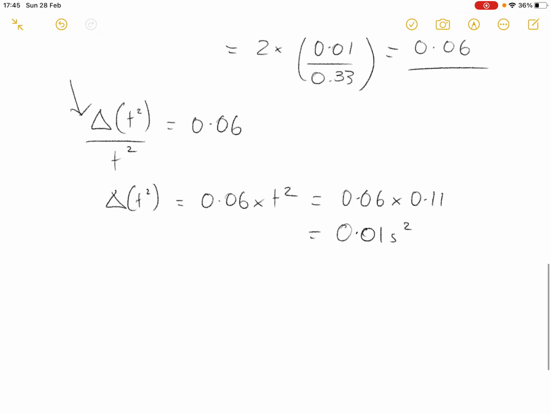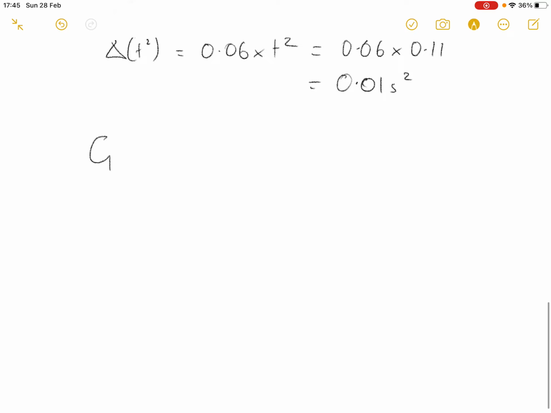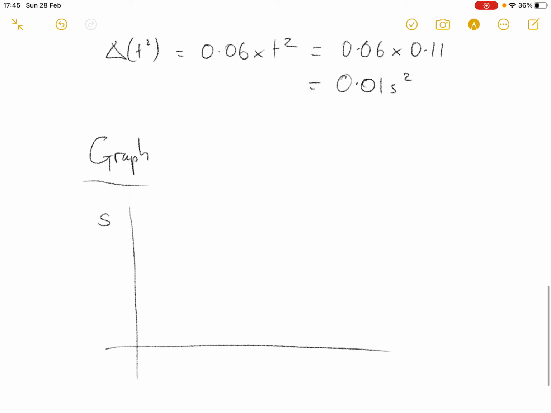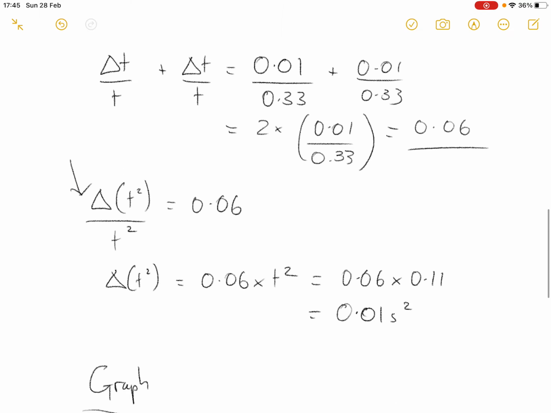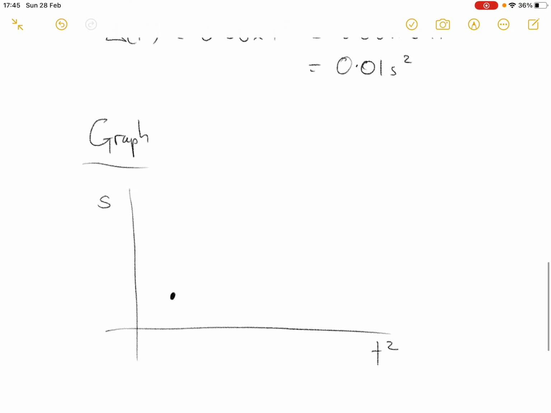So now I'm in a position to make my graph. My graph has s, the displacement, on the y-axis, and t squared on the x-axis. Now, we draw in the absolute uncertainties on the data points. As it turns out, on my graph, the vertical error bars were so small you could hardly see them.